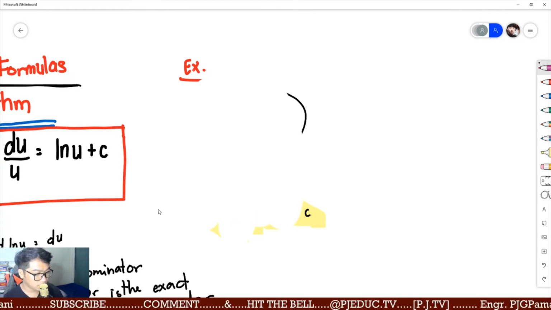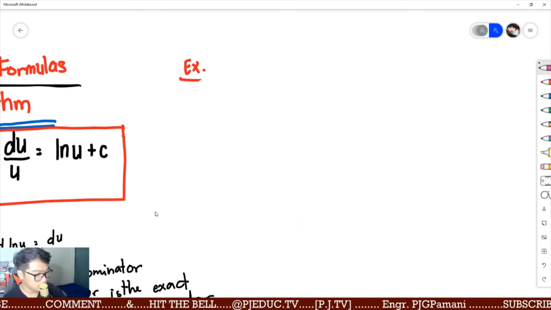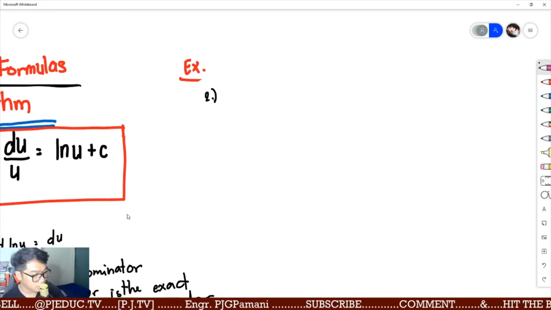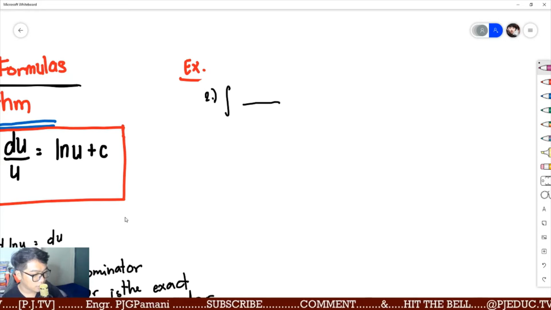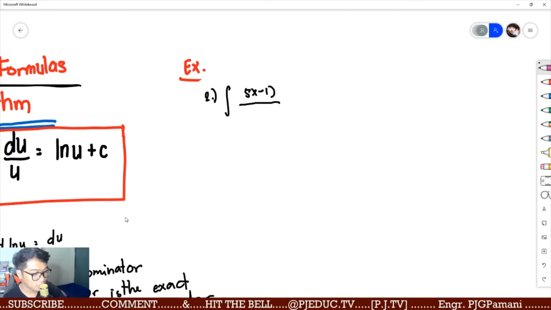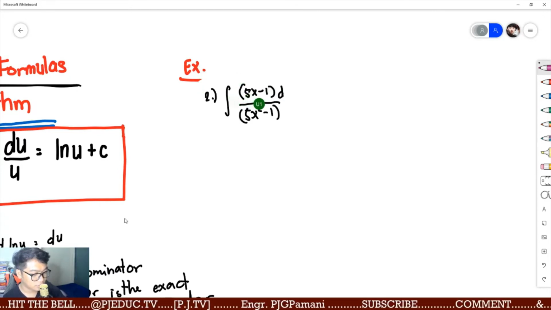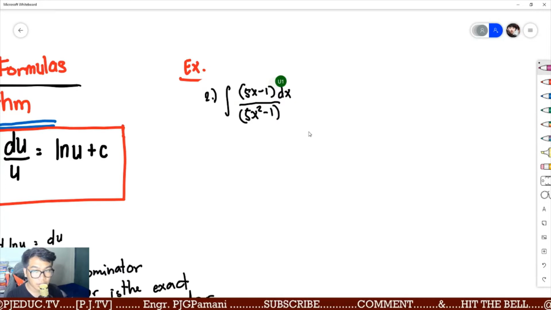Now, example number 2. Mananawa kayo sa example. Example number 2: you're now asked to evaluate the indefinite integral of 5x minus 1 over 5x squared minus 1 dx. Ano ang gagamitin natin?